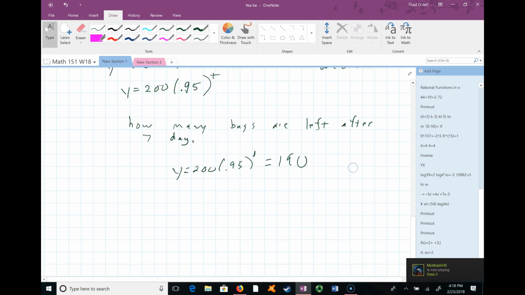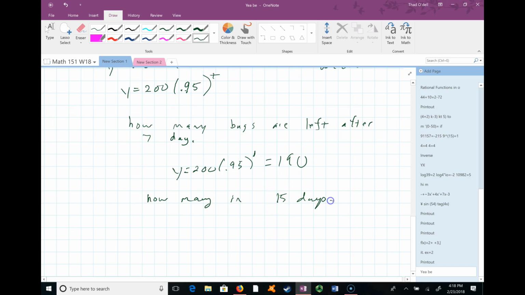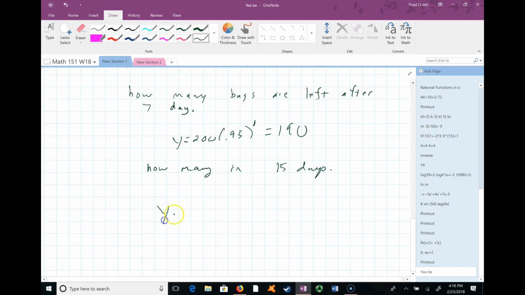Okay? So what if I want to know how many in, say, 15 days? That'd be y equals 200 times 0.95. And basically what we do is take 15 divided by 7, because we know there's 7 days in a week. So we want to find out how many weeks there are in 15 days.